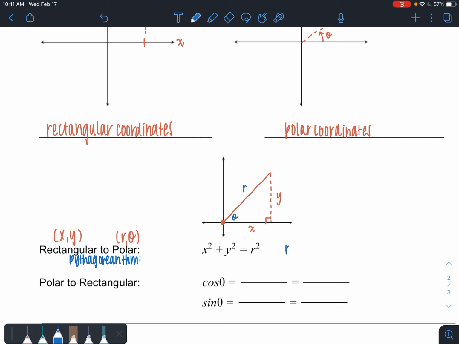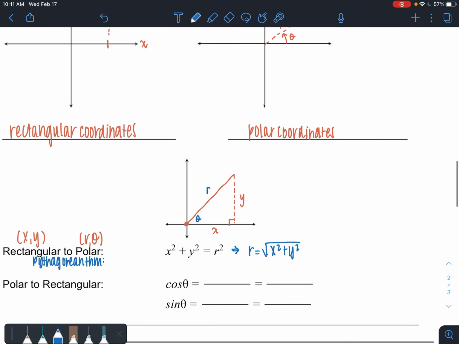So r is equal to the square root of x squared plus y squared. And just as before, if you remember from 6.6, tangent of theta is equal to y over x.